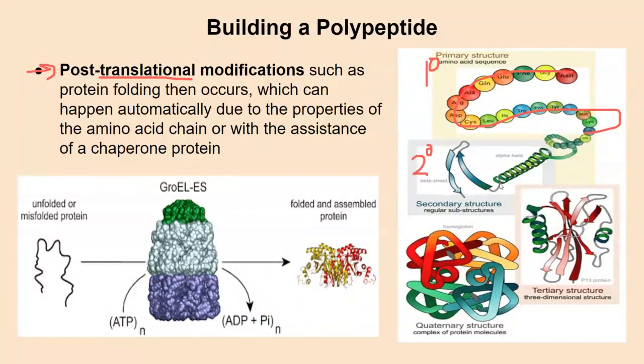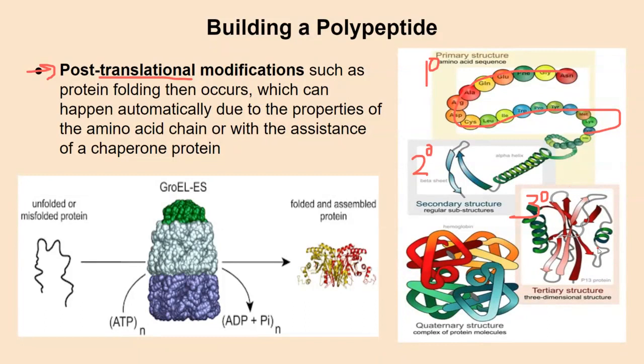Remember, some of them are more positive, some more negative, some more hydrophilic, some more hydrophobic. And that will cause it to automatically curl up due to these properties. Then we have a tertiary structure where it further folds up.